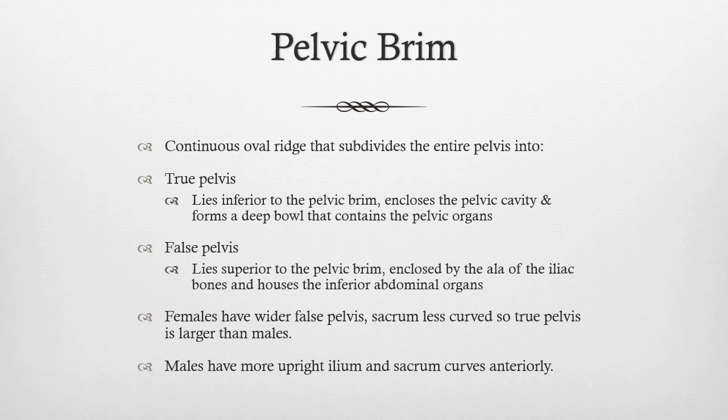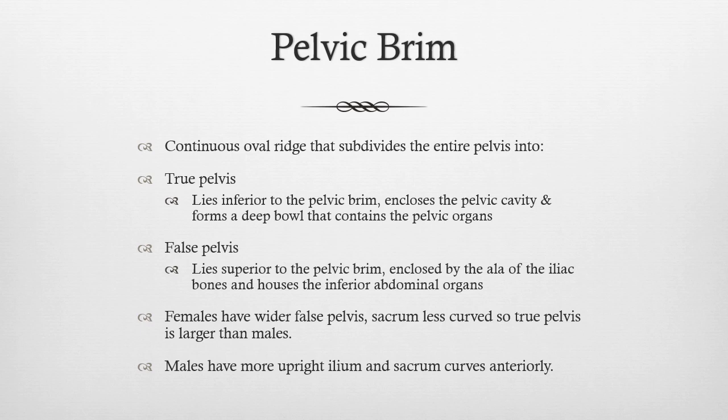The false pelvis is above the pelvic brim, and so this has the sacral ala, this has the iliac bones, this is going to have some of the more inferior digestive, abdominal organs inside there. And this is the part that becomes wider in a female.